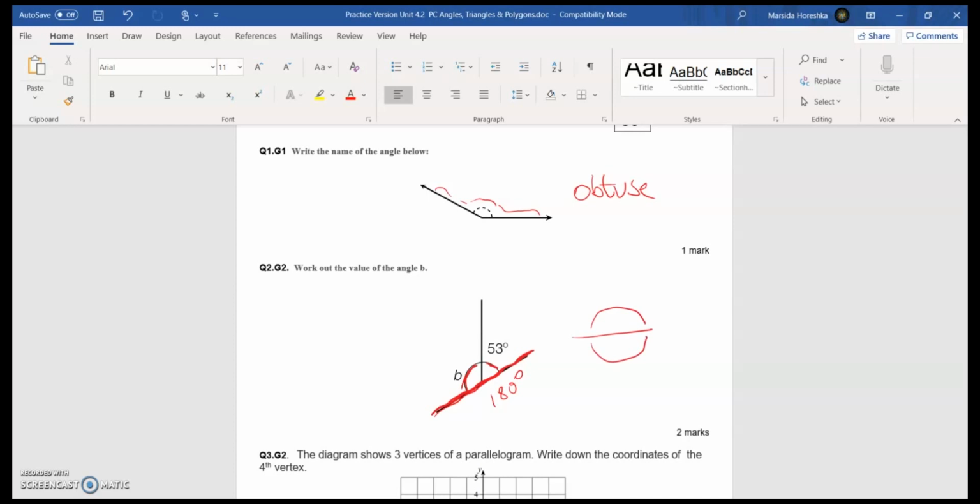So 360 divided by 2 gives us 180. So to work this out, all we do is 180 take away 53. So 10 take away 3 is 7. So this is now 7 as well because we borrowed 1 from it. 7 take away 5 is 2, 127 degrees. So B is equal to 127 degrees.